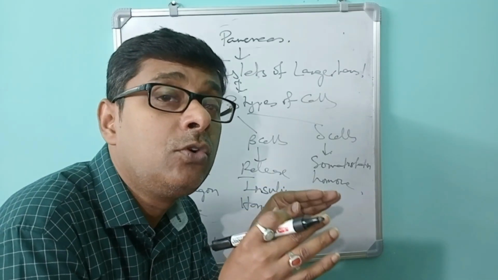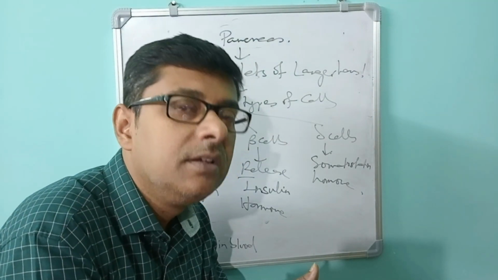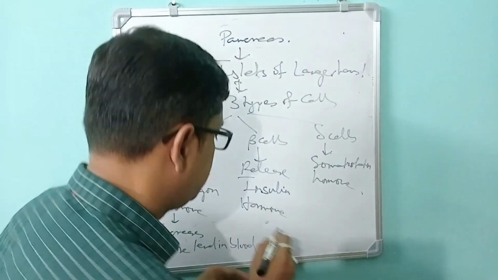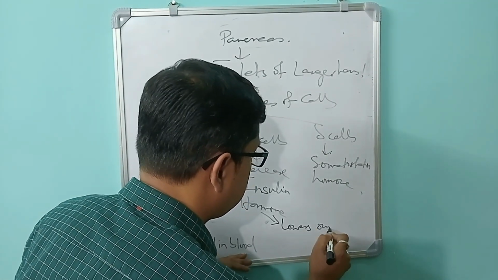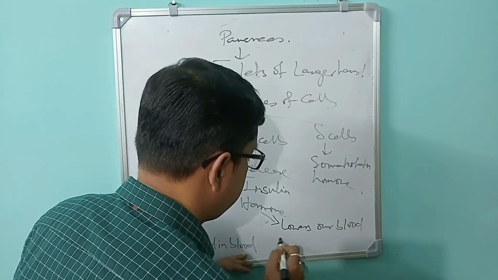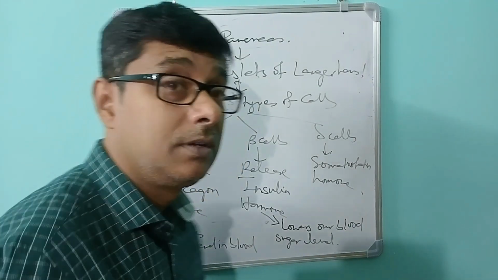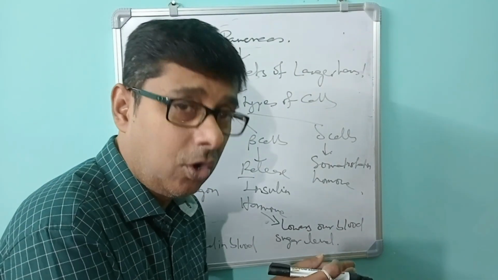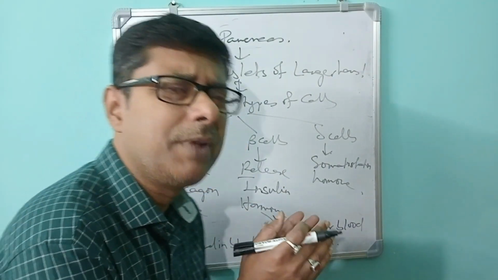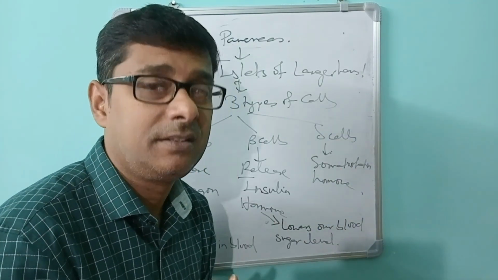Insulin lowers our blood sugar level or blood glucose level, and controls it. Understood? How? Insulin lowers our blood sugar level by converting glucose into glycogen.